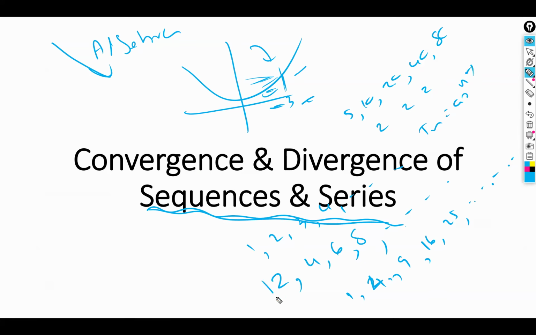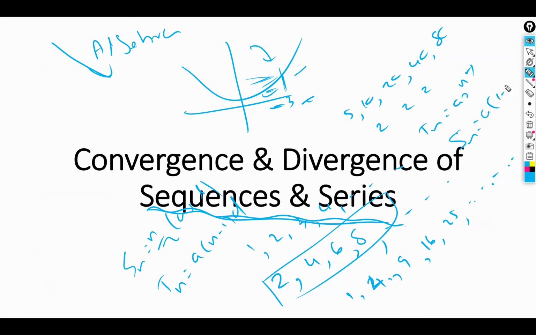Here Tn is A plus n minus 1 times D. Then you can find the sums. Here Sn is n divided by 2 times A plus n. Here Sn is A times 1 minus R to the power n divided by 1 minus R. So these are special sequences. Don't think that we have only two types of sequences, arithmetic and geometric.